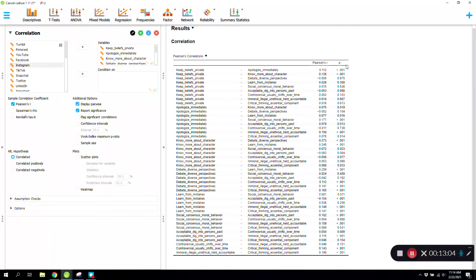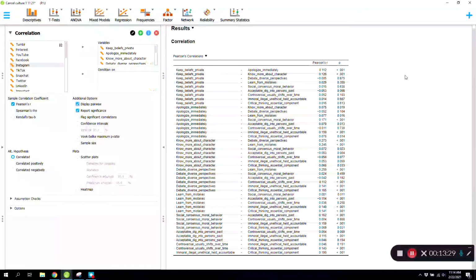Let me tell you, here's the first time we're going to talk about p-score. This is, let's call it, the probability of success in the answer. When we work with p-scores, please listen to this. A p-score always has to be less than 0.05. It has to be less than 0.05.